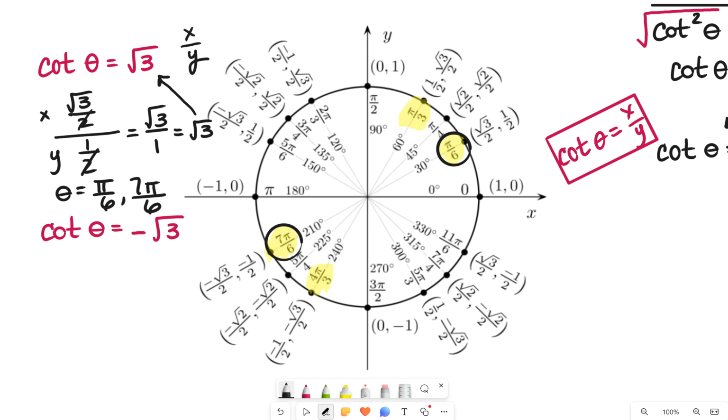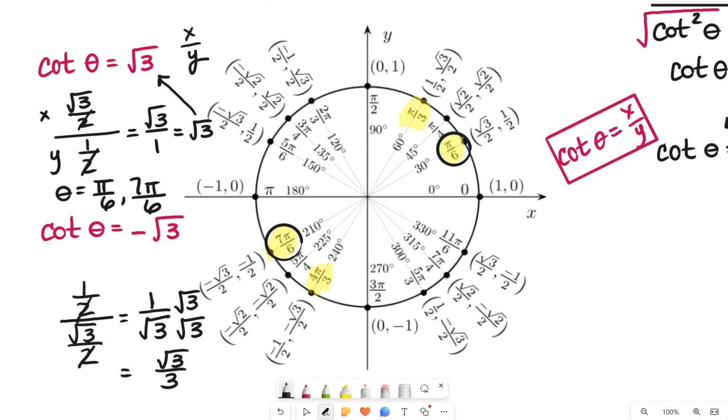Okay, the other one would not have worked because if we did x over y, it would be 1 over square root of 3. Sorry, that's what the final answer would be, but the x is 1/2 over the square root of 3 over 2. When I cancel my 2's, you would end up with a 1 over square root of 3. And if you end up with a 1 over square root of 3, you would have to rationalize, because no denominator radicals.